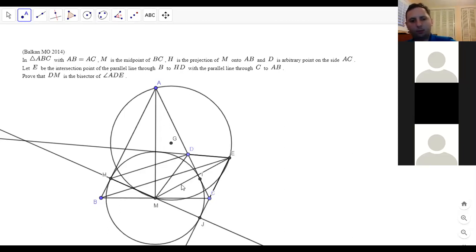So we know that M lies on one of the bisectors. Well, yeah, so we know M has the same distance from AC and EC. We want to show it has that same distance to ED. Yeah, exactly.